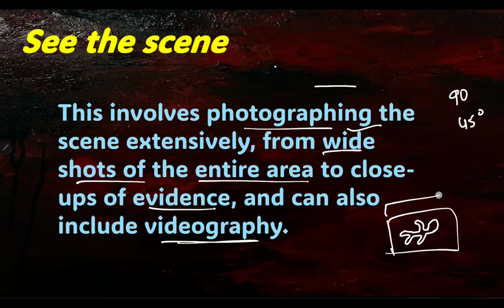So this is the wide angle if they are taking wide angle photography, and they will label here 1 and here 2 as evidences. So from that range of photo to this small range of photos also. And videography, as I said, they'll start the videography in all directions and everything.